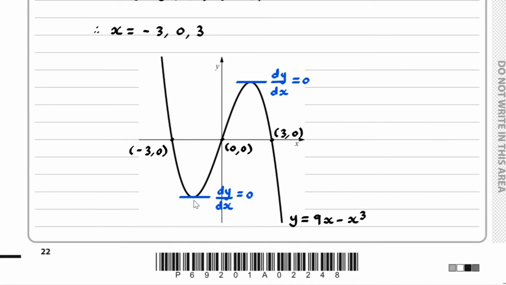And so if we were to add those coordinates on, we have here negative root 3, negative 6 root 3, and here we have root 3, 6 root 3 as our coordinates of the stationary points.